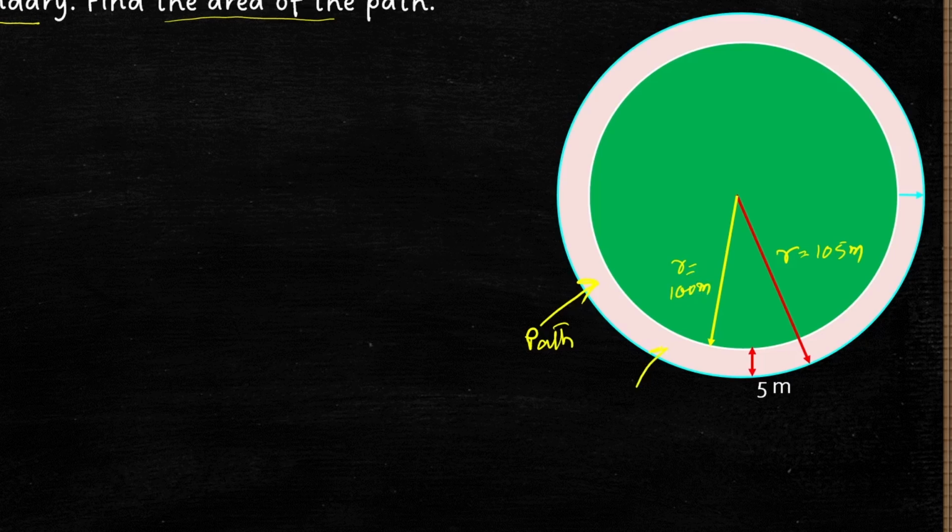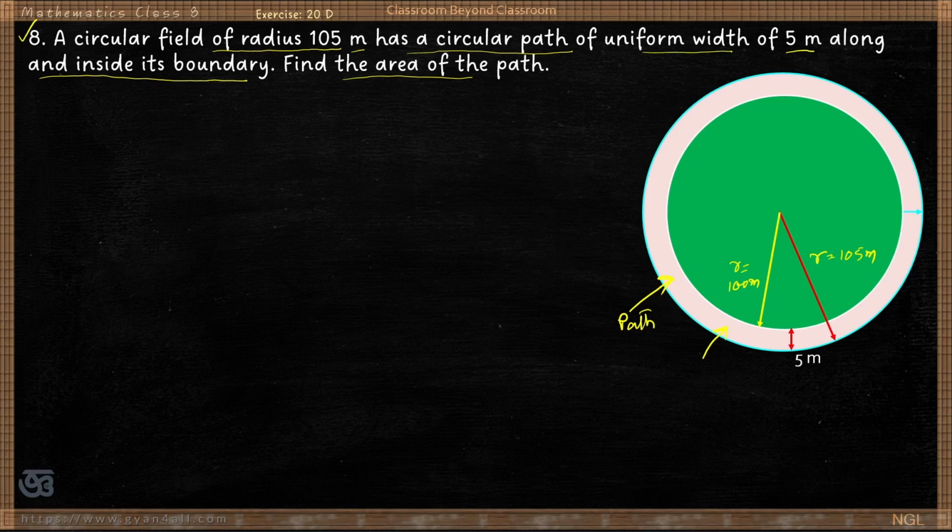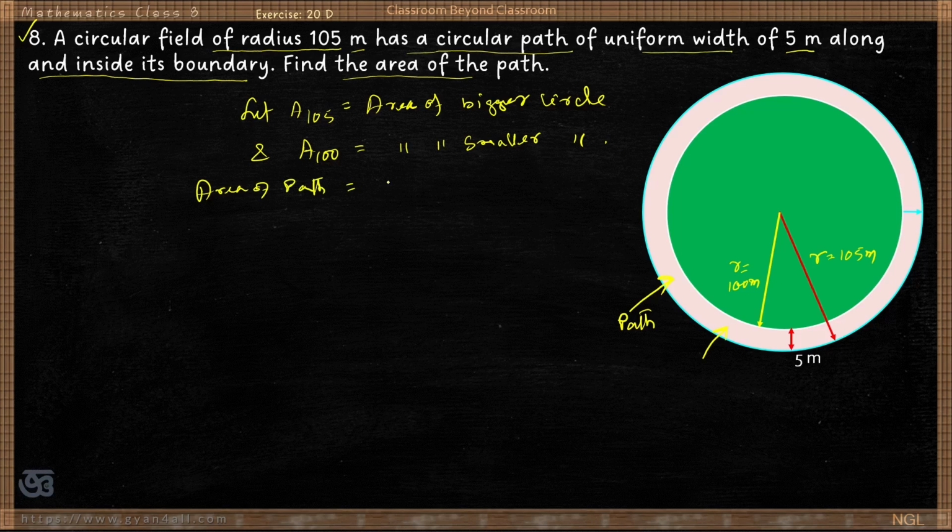To find the area of this path, we have to deduct the area of the smaller circle from the bigger circle. So let A105 be the area of the bigger circle, and A100 be the area of the smaller circle. So area of path is equal to A105 minus A100. So let us find A105.